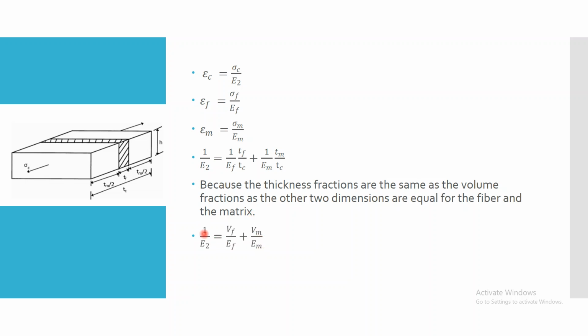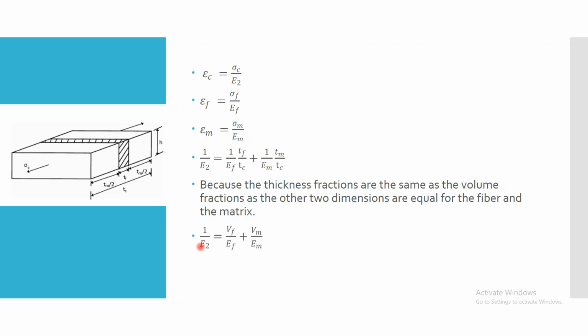So the reciprocal of the transverse Young's modulus is equal to the summation of the ratios of the volume fraction of the fiber to the Young's modulus of the fiber, and the volume fraction of the matrix to the Young's modulus of the matrix. This is the transverse Young's modulus derivation for a composite material.